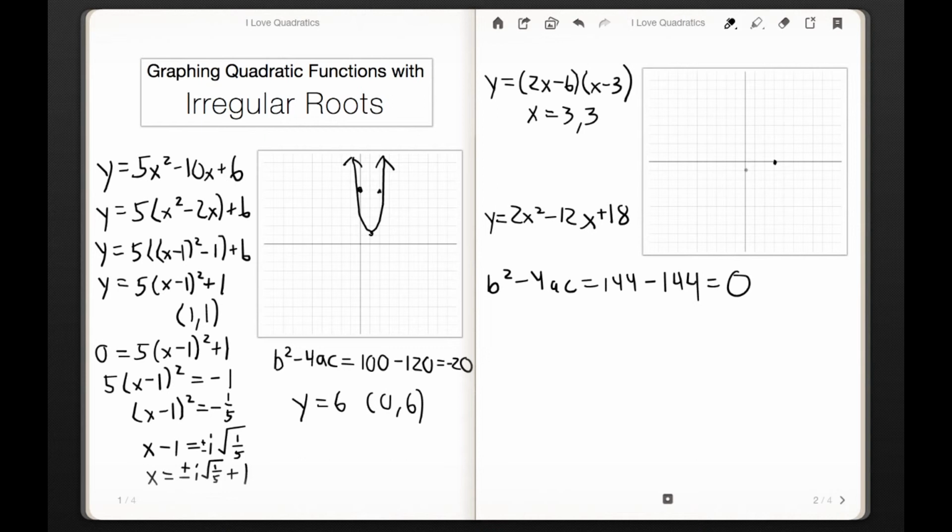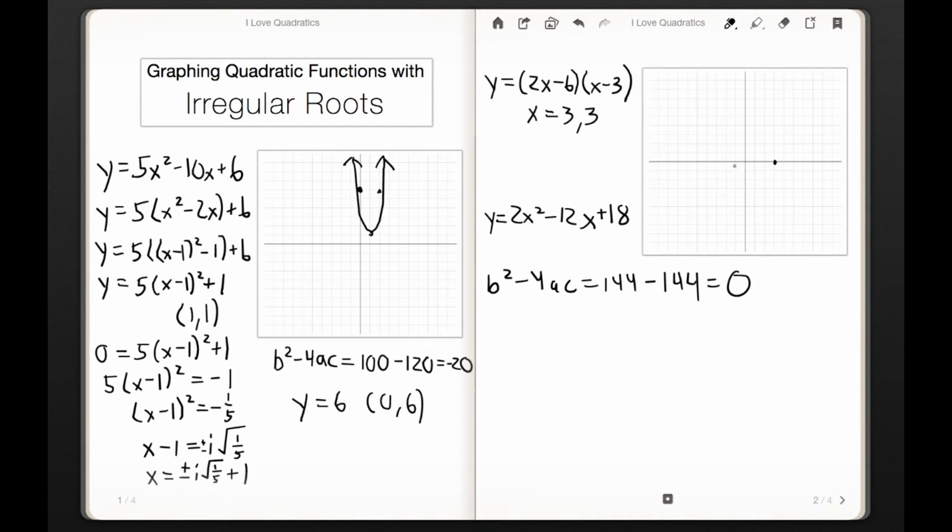So now, with this one, since we also only have one root, we don't have a second point where it's going to cross the axis.